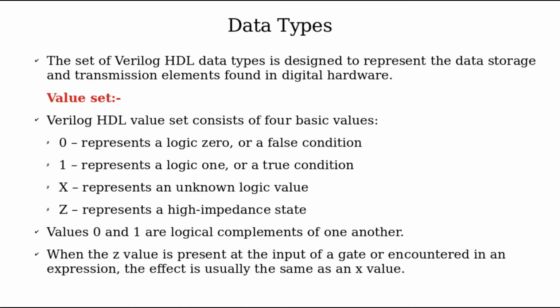The second one is 1, which represents a logic 1 or a true condition. The third value is x, which represents an unknown logic value. And the fourth value is z, which represents a high impedance state in the programming simulation.